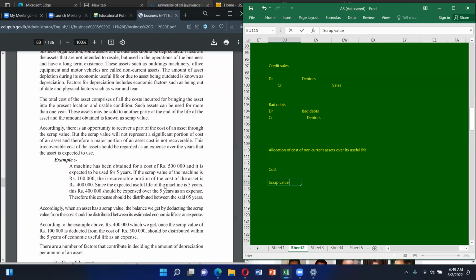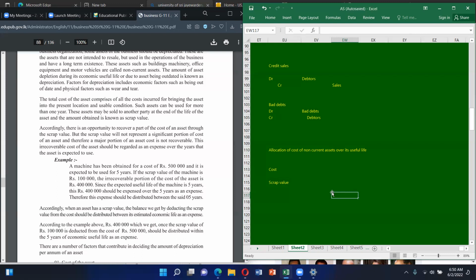Example: a machine has been obtained for a cost of 500,000 and it is expected to be used for 5 years. If the scrap value of the machine is 100,000, the irrevocable portion of the cost of the asset is 400,000. Since the expected useful life of the machine is 5 years, this 400,000 should be expensed over 5 years. Therefore, this expense should be distributed between the said 5 years.